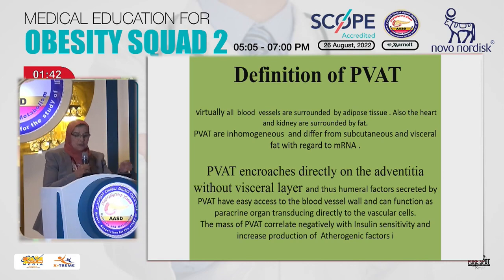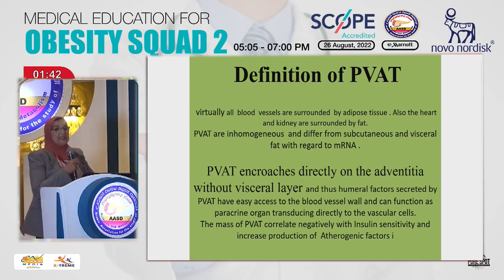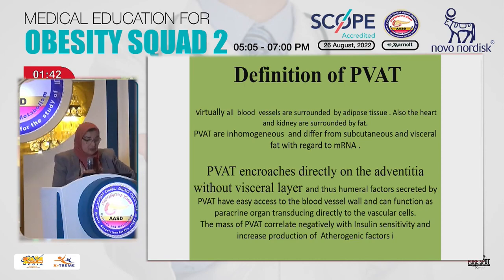Thus humoral factors secreted by the perivascular fat have easy access to the blood vessel and can function as a paracrine organ, transducing directly to the vascular cells. We have to stop at this very important fact, because it has a direct effect on the heart, and the mass of the perivascular fat correlates negatively with insulin sensitivity and increases the production of atherogenic factors.